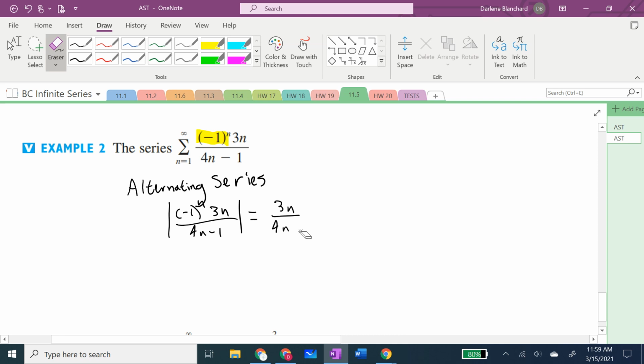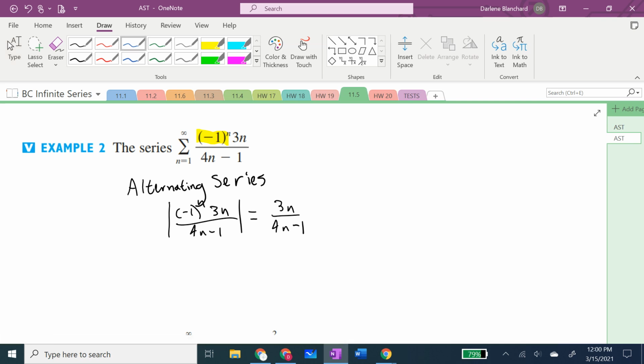Oopsies, there's a minus there. And then you have to determine that this is decreasing and the limit is heading to 0. And do you see a problem? Both of them have to be true in order to conclude that this converges by alternating series test.